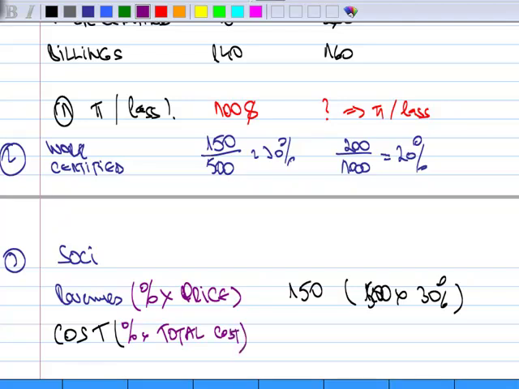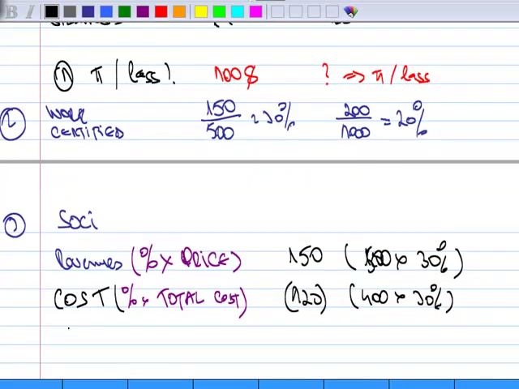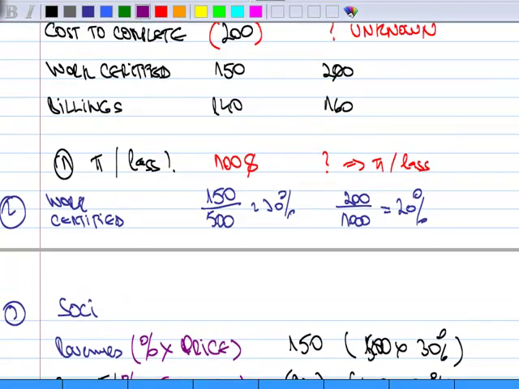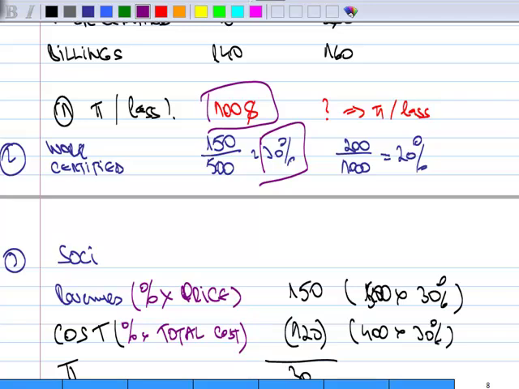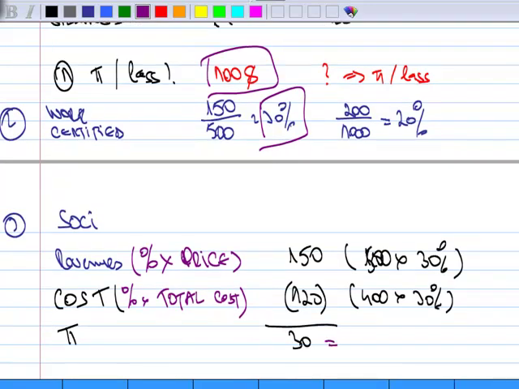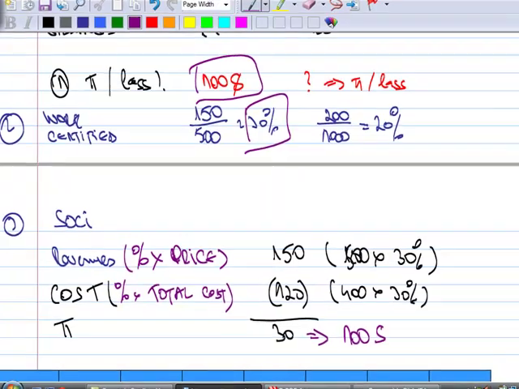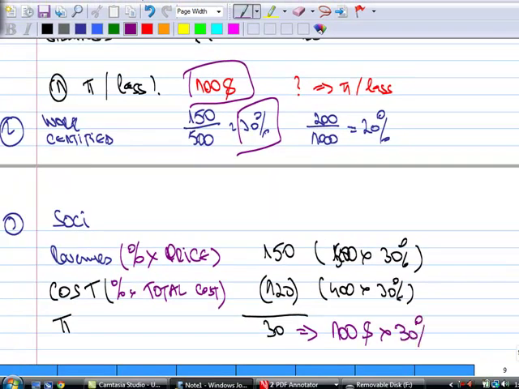Total cost for us is 400 times 30%. That's 120. And therefore, the profit recognized to date is just 30. And if you are looking at the stage of completion, you finished off 30% of the project. You estimate that your total profit is 100. You are entitled to recognize from the total profit 30%. That will be your check in the exam.